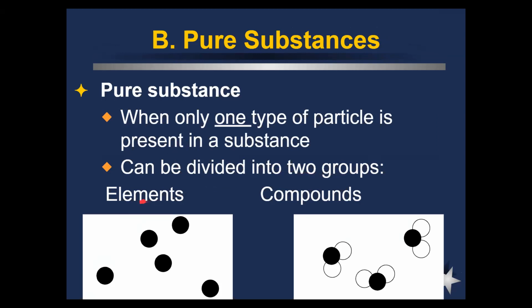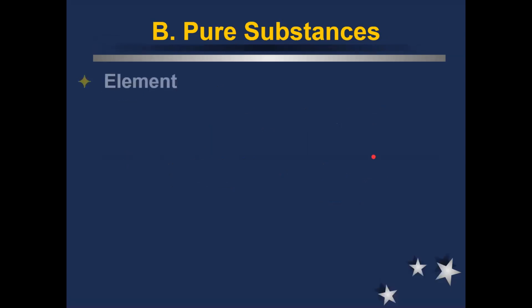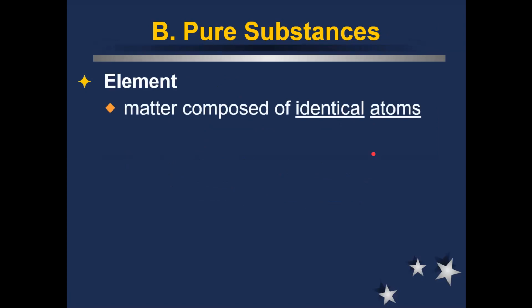So up next, we're going to talk about each of these guys in a little bit more detail. So we'll start off with our elements. Remember, this is when we have matter that's composed of completely identical atoms. So every single atom in a pure substance that's only one element is the exact same.